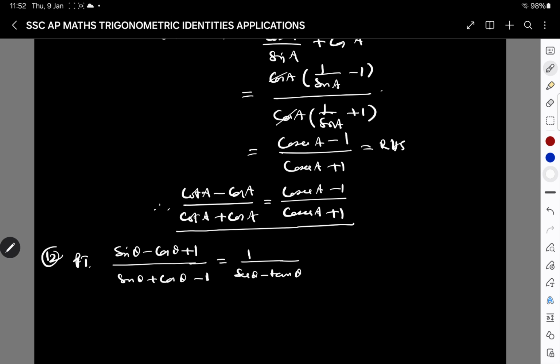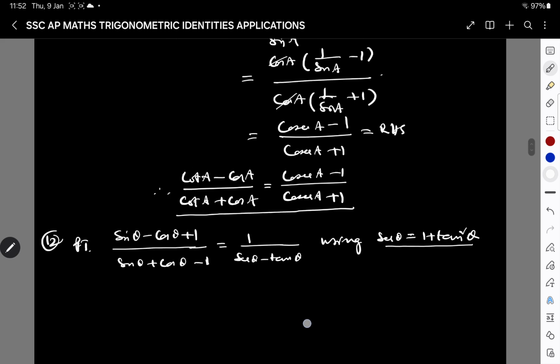This is what you have to prove. And here, prove this using the identity secant square theta is equal to 1 plus tan square theta. This you must use. This is very important.